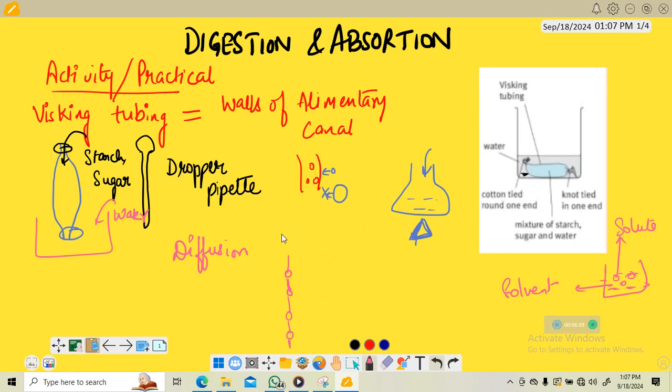Let's say this is a cell membrane and it is selectively permeable. Some gaps are there; see the size of these gaps. That means large molecules can't pass through, only small molecules can pass. Diffusion here is passive, which means no energy is required.